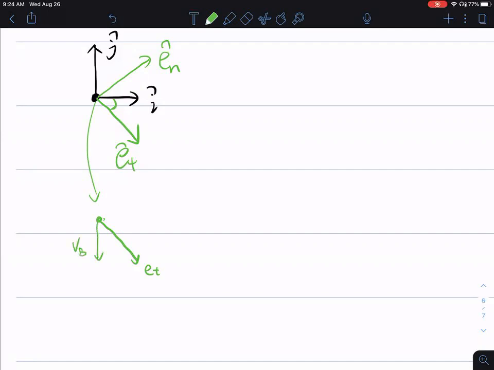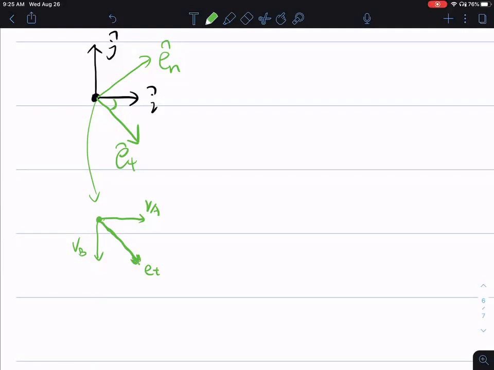In the horizontal direction, particle P is moving at a speed of VA. And the resultant speed of that particle should go along this ET direction.